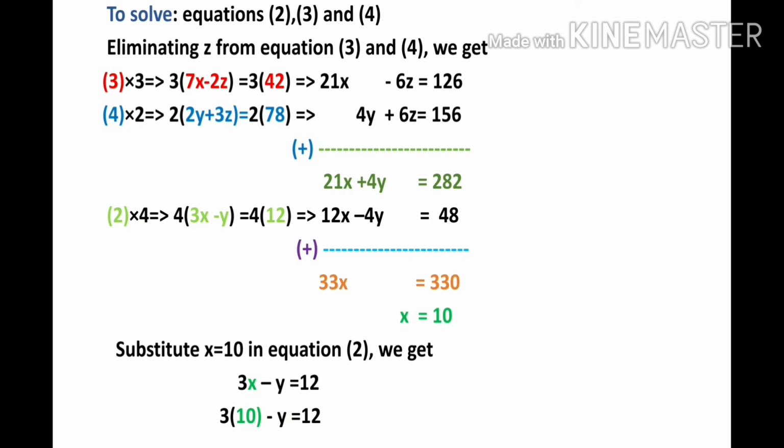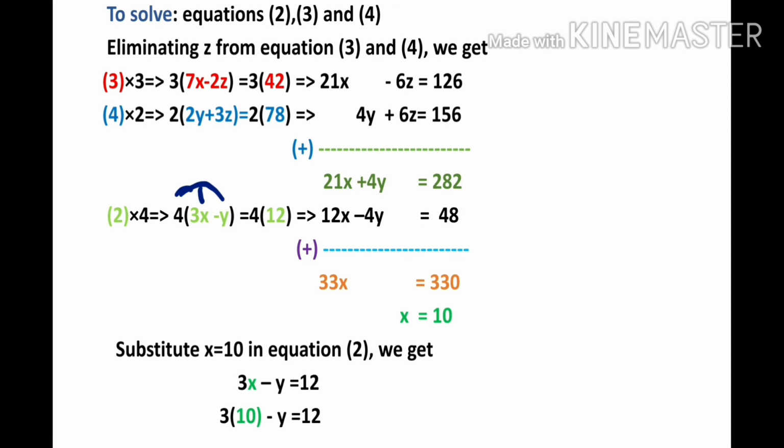Then multiply equation 2 by 4. I write equation 2 in green color. This equation 2 is multiplied by 4 on both sides. So multiply 4 inside, what happens? 4 into 3, 12x.